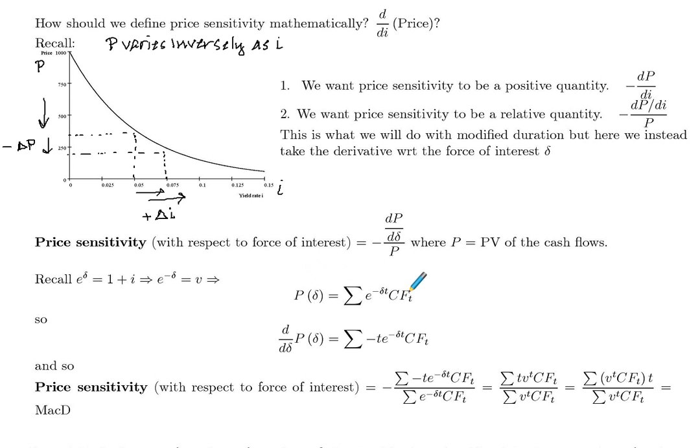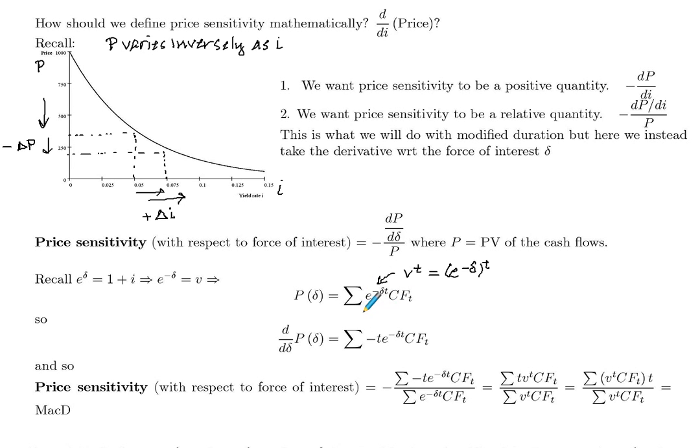We take all of our cash flows and bring them back to time 0, but our discount factor now is e to the negative delta. If a cash flow occurs at time t, then v to the t is e to the negative delta, raised to the t power. So e to the negative delta t is our discount factor to bring these all back to time 0.